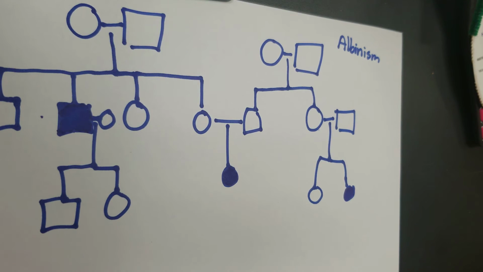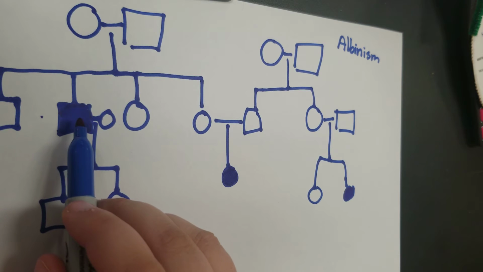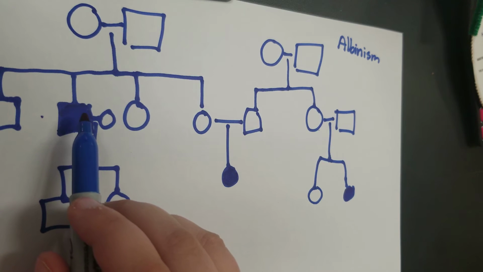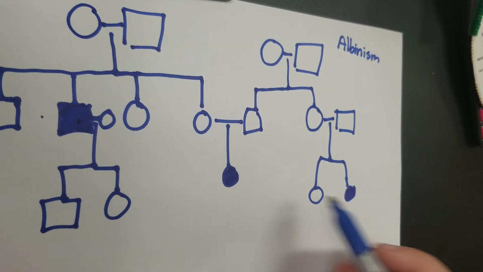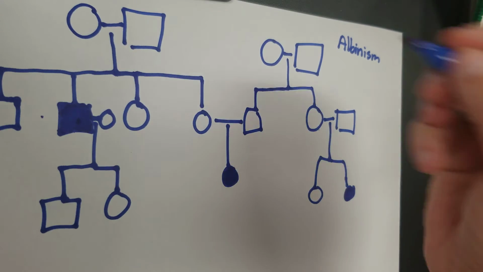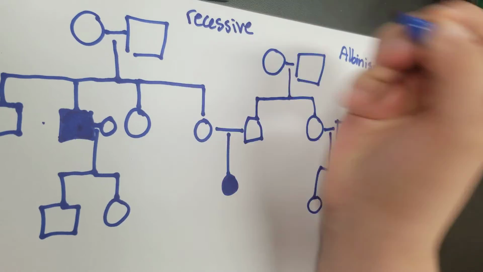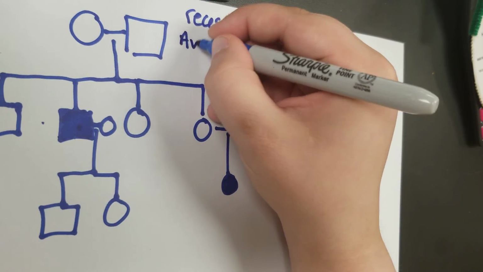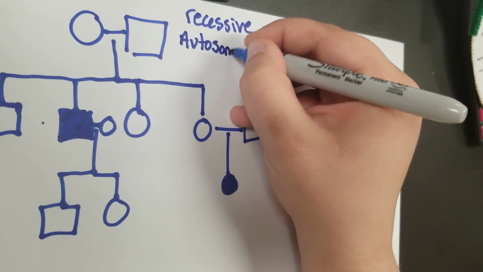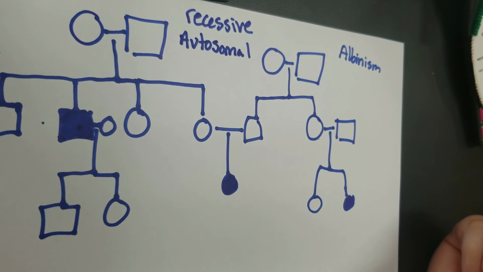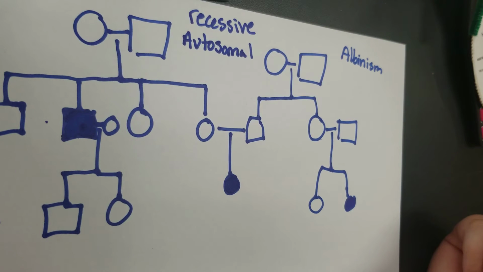We see that there is 1 male and 2 females. So this is recessive autosomal. That means it is not X-linked.